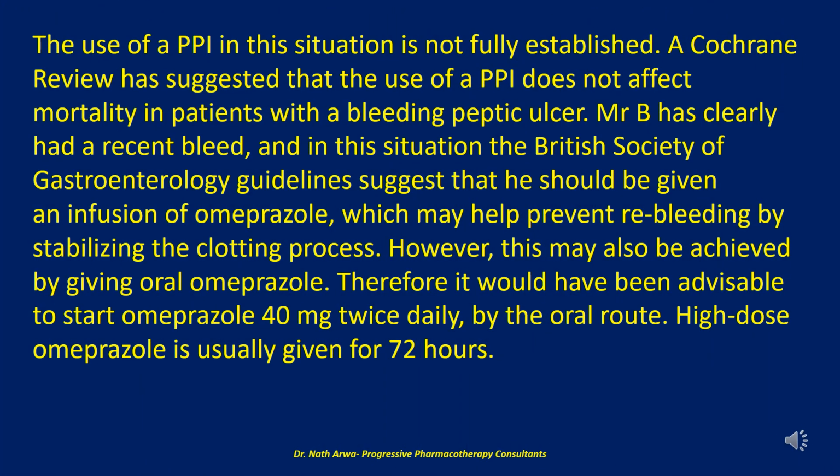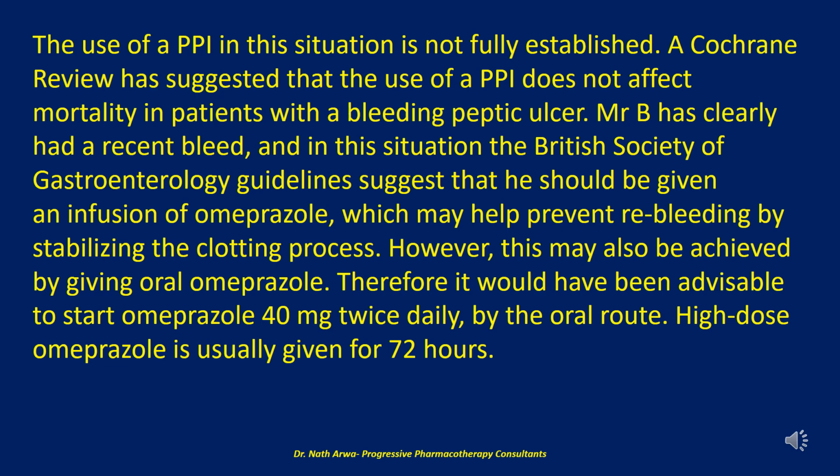The use of a proton pump inhibitor in this situation is not fully established. A Cochrane review has suggested that the use of a proton pump inhibitor does not affect mortality in patients with a bleeding peptic ulcer. Mr. B has clearly had a recent bleed, and in this situation the British Society of Gastroenterology guidelines suggest that he should be given an infusion of omeprazole, which may help prevent re-bleeding by stabilizing the clotting process.